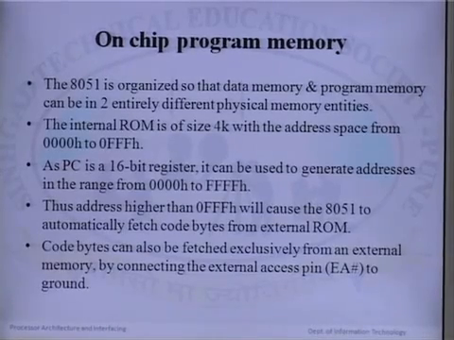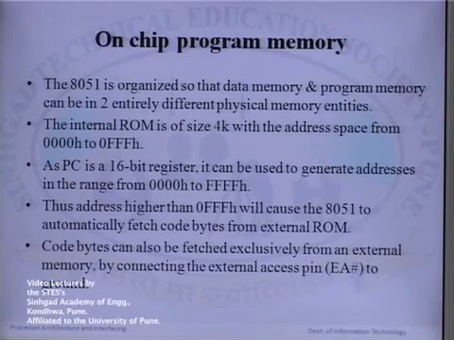The 8051 is organized so that data memory and program memory can be in two entirely different physical memory entities. We have seen in the block diagram of the 8051 that there is on-chip ROM of size 4K and on-chip RAM of size 128 bytes plus the SFRs.